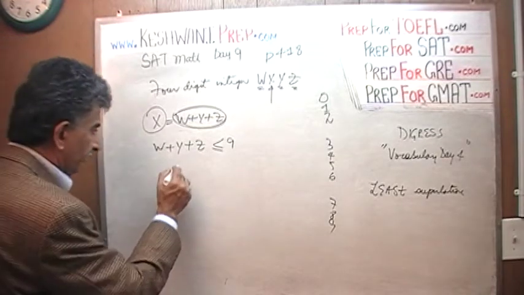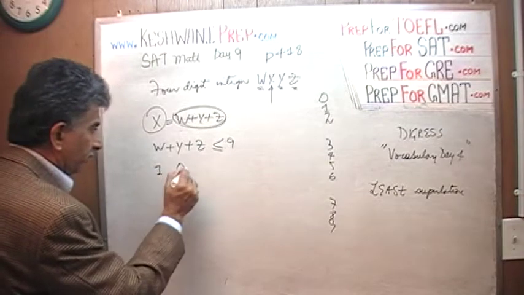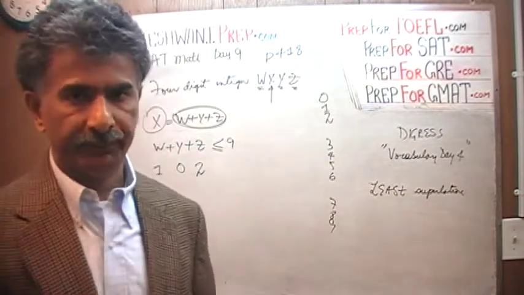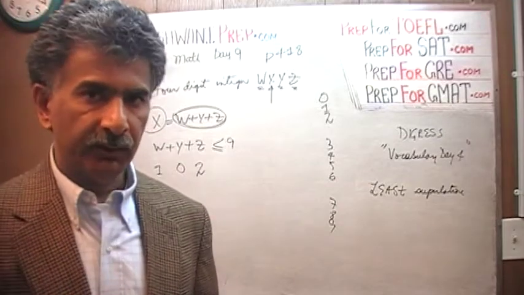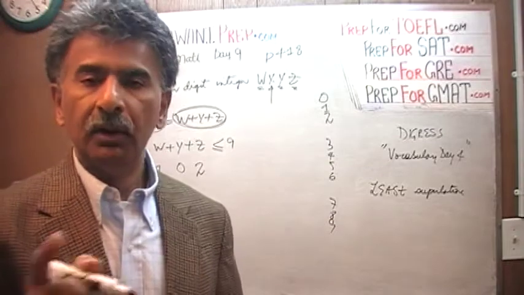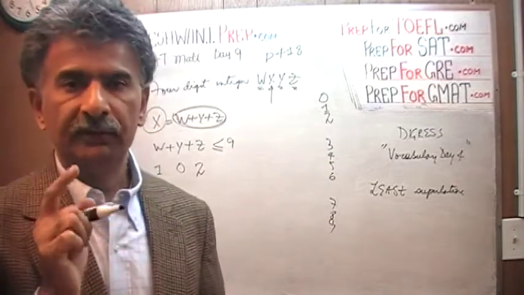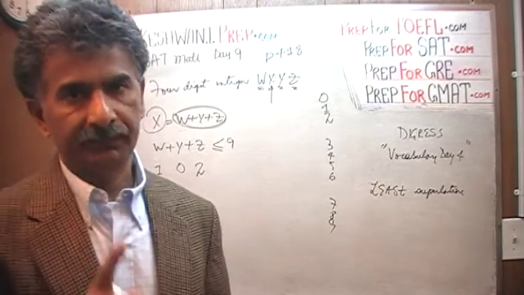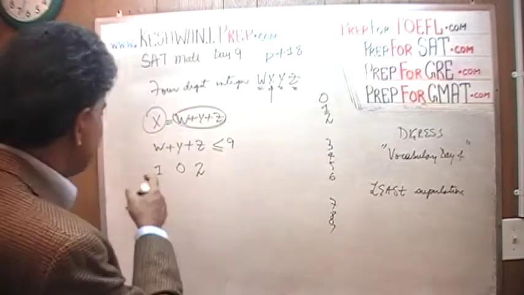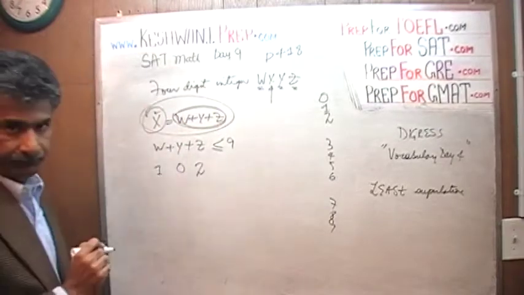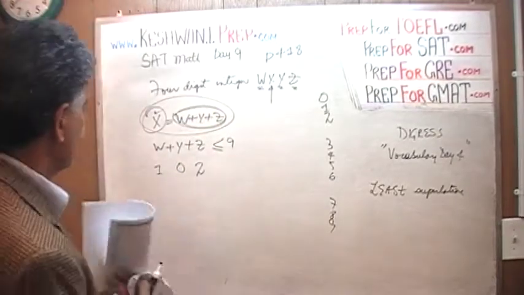Because even if one of them is 0, the other one is 1, the other one would have to be 2, because they are all unique. We are told that they are all different. So their sum would have to be a minimum of 3 and no more than 9. That's the purpose of this first equation, to tell us all of that. It's important that we understand that.